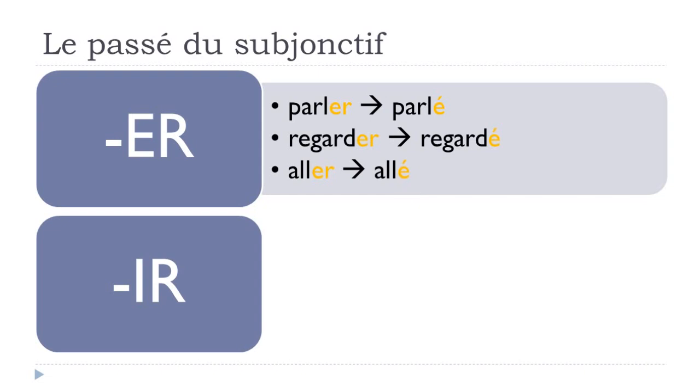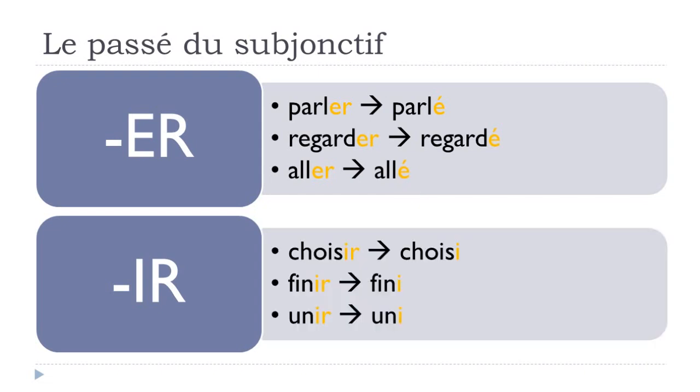Second group of verbs, not all the IR, remember, but then regular, and they're quite easy to make because the verb like choisir, to choose, will become choisi. Okay? Finir, to finish, to end, will become fini. All right? And then unir, to unite, will become uni. All right? So IR will become I.